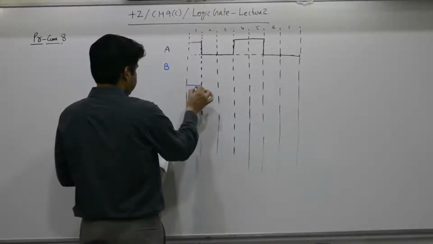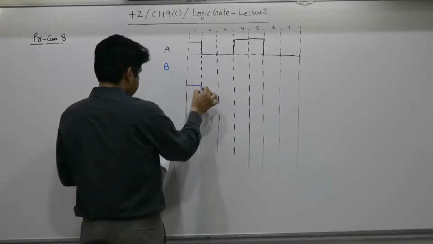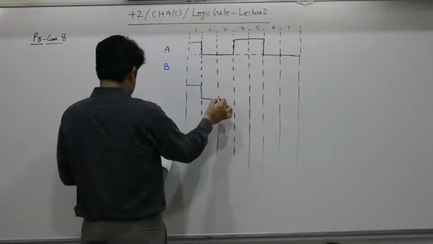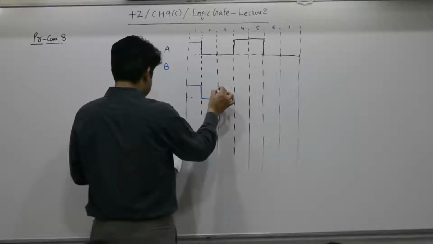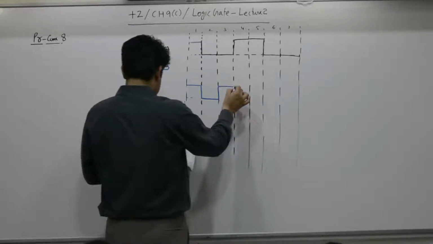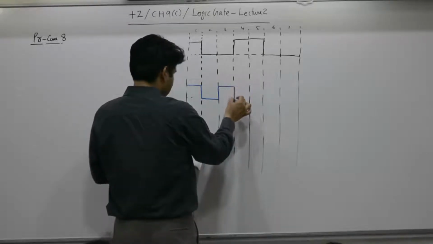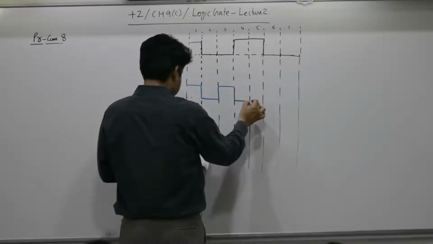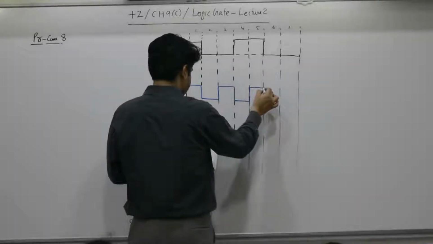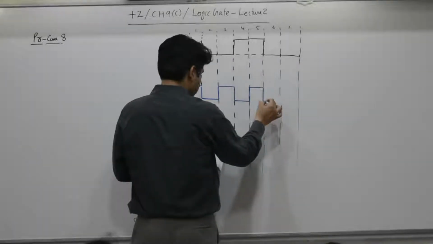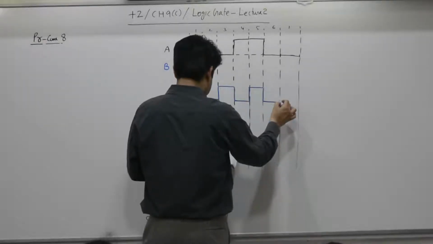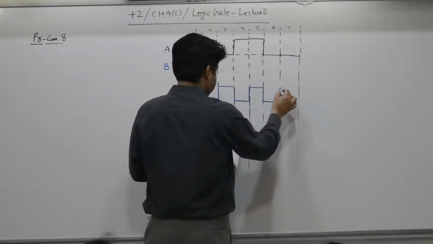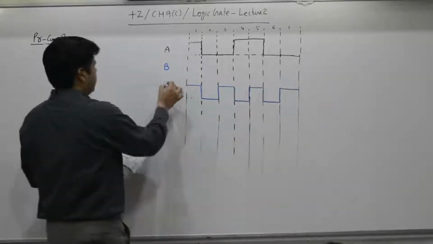First second it is high, then it is low, then again, this is the reference line, again high, then low, then high, then low. That means it is alternate, and again it is high. This is how B varies.